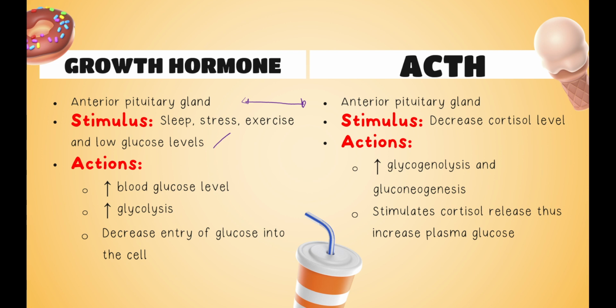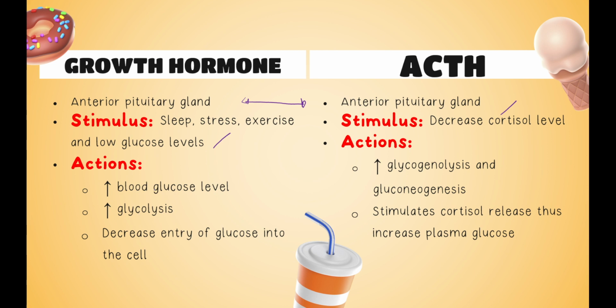While for ACTH, its stimulus is when there is a decreased cortisol level. ACTH indirectly increases our glucose level because it controls the release of your cortisol. So once there is a decrease in your cortisol level, ACTH will be stimulated, thus giving a signal that we need to release more cortisol, and then cortisol will in turn have the action that we mentioned earlier.